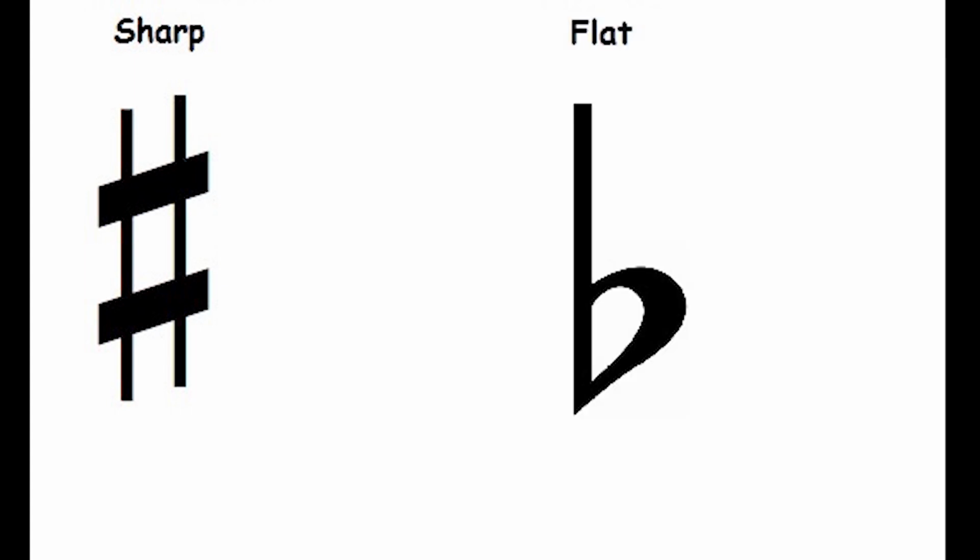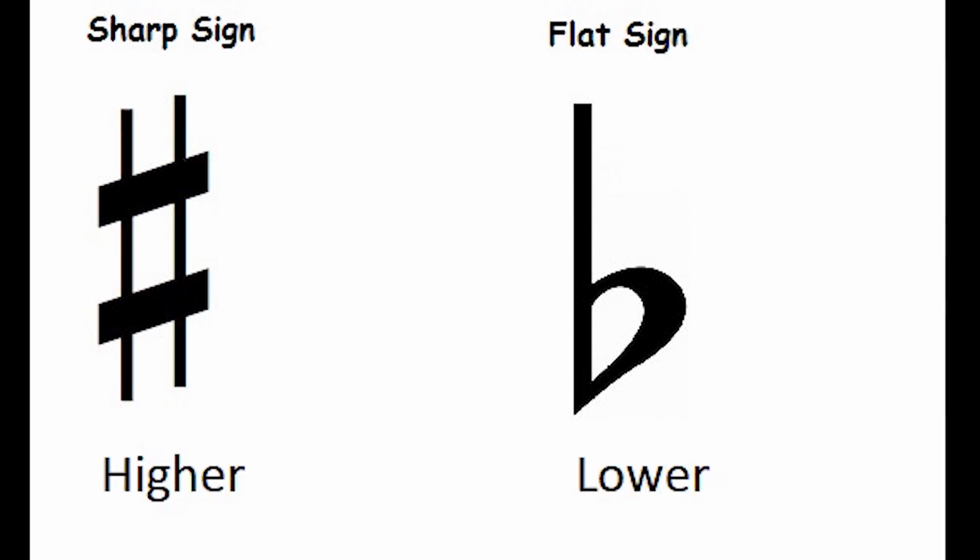Flat is denoted by the beta symbol or a similar form of B. So sharp means higher and flat means lower. Again, sharp is denoted by the hash symbol and it means higher, and flat is denoted by the beta symbol or B and it means lower.